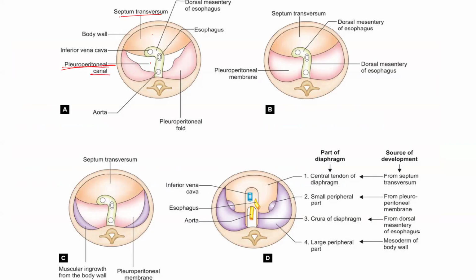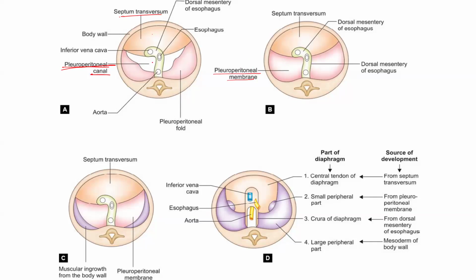With time, this canal has to be closed. The diaphragm has to separate the thoracic cavity and the abdominal cavity. The structure which does that in the embryonic or fetal diaphragm is the pleuroperitoneal membrane.